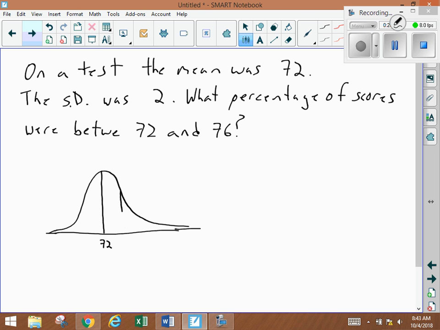What's over here? 74. This one should be 70. So I'm going 1 standard deviation above, and 1 standard deviation below. Right here we're at 68. We're subtracting 1 standard deviation every time.